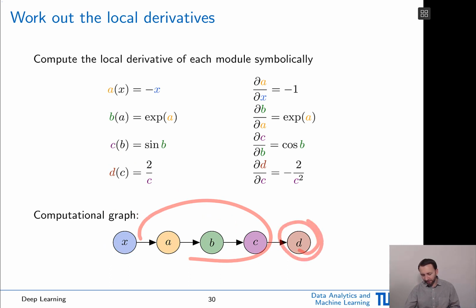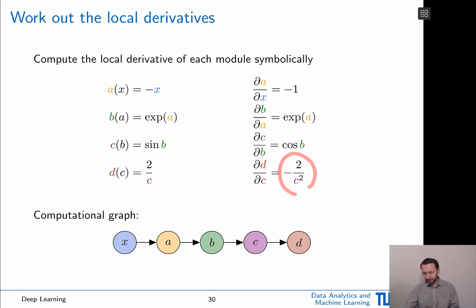To compute this derivative of d, it's really just the input here, which we called here c, right? And then we can compute the derivative symbolically, right? It doesn't matter what this other part or even what this part is here, right? It can be done independently per module. You have this module, which is the function, and then you have also the corresponding symbolic local derivative, okay?